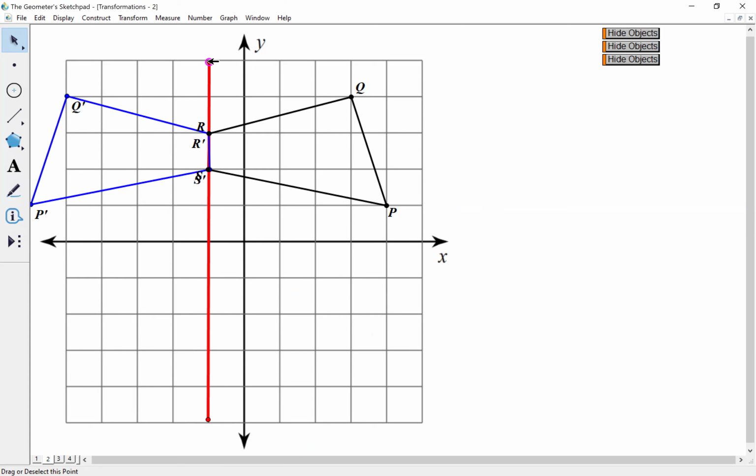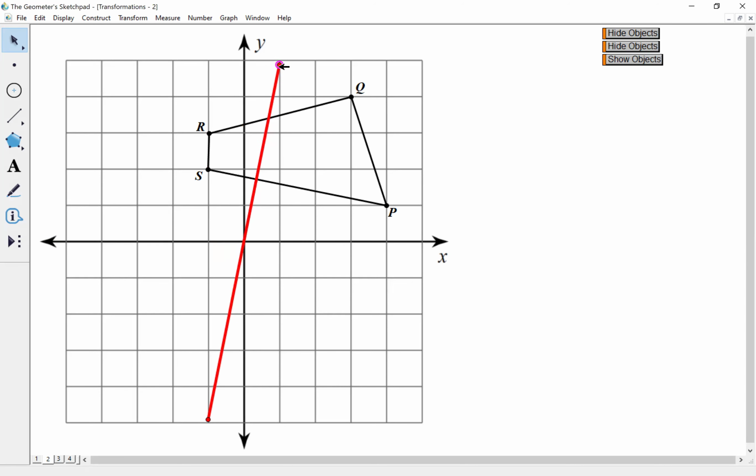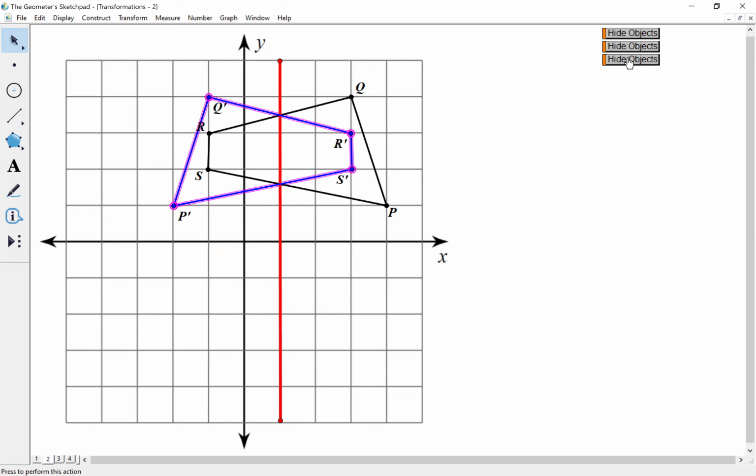Okay. Now, let me hide this picture. What if my mirror line crosses my original picture? What if my mirror line goes through the middle of the picture? How does that reflection look? It looks like this.